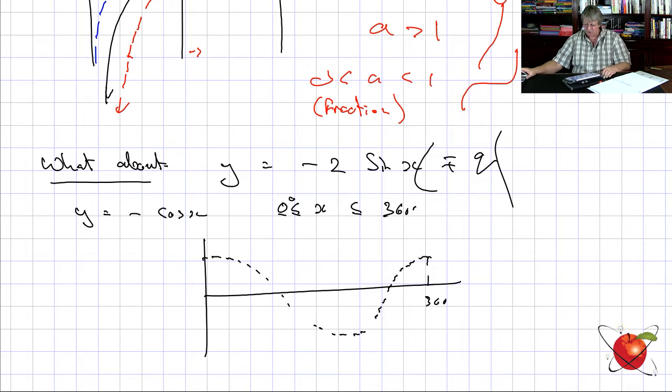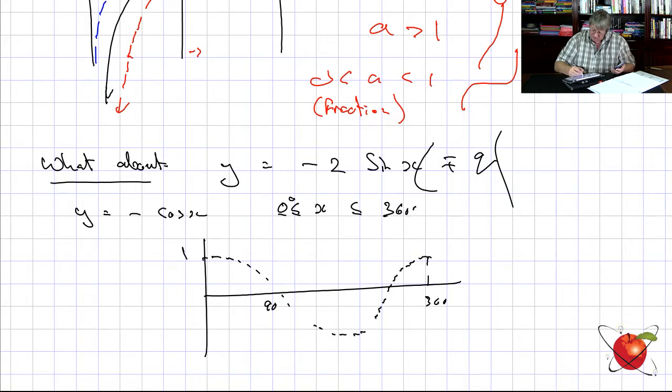And if you're not sure where it goes through the axes, if you can't remember, you know that's 1 there. Just put in cos of 90. Try one. Cos 90 is, there we go, 0 at 90 degrees. Try cos of 180. Cos 180 equals minus 1. There you go. Just get used to using your calculator.